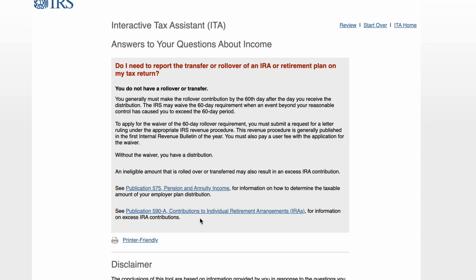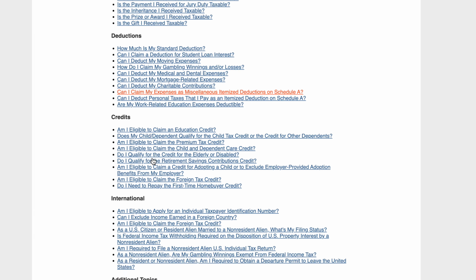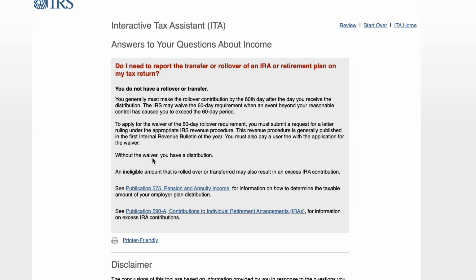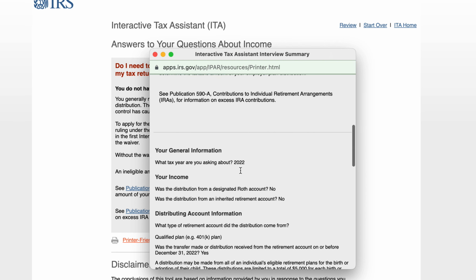This is a little bit different format from the other tax assistant tools, but I feel like there's a little bit more information here. So instead of a readout of all the questions that you answered, I'm going to hit this printer friendly format.